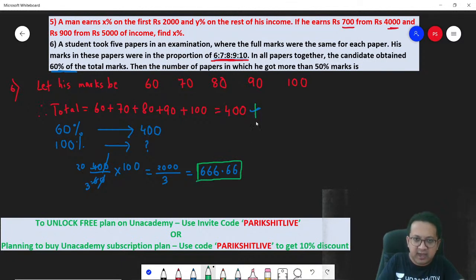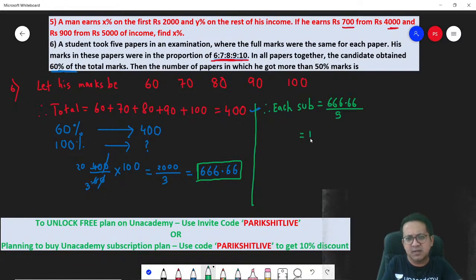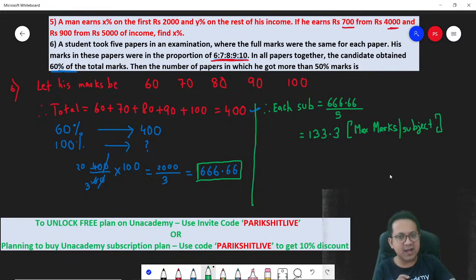So each subject's maximum marks is 666.66 divided by 5, approximately 133.3. That is the maximum marks per subject. Will you agree with me? I think this is easy to understand up till here.